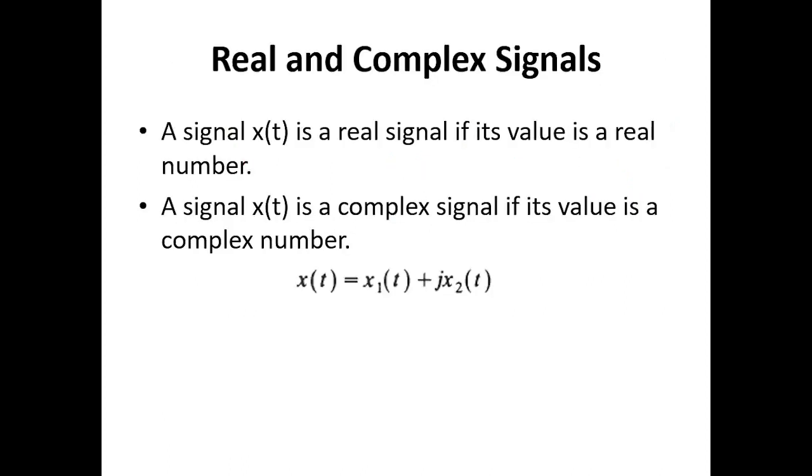Then real and complex signals. If any signal is having this j, which is a complex number, nothing but under root of minus 1, then it is a complex signal. Usually the frequency domain signals, they are complex signals. And real signals, this j component will not be there.